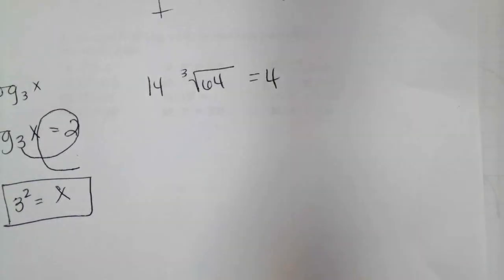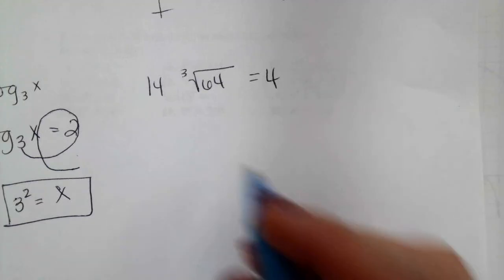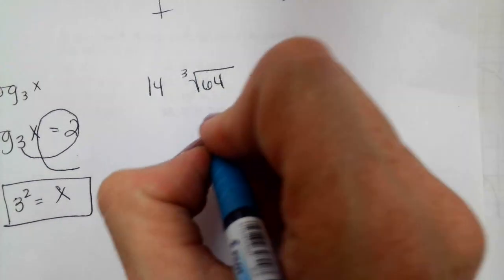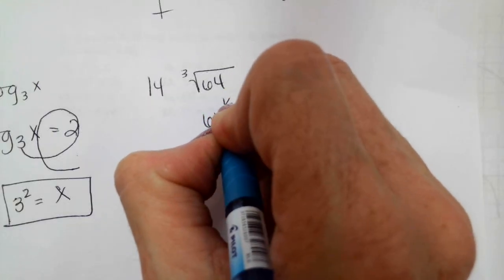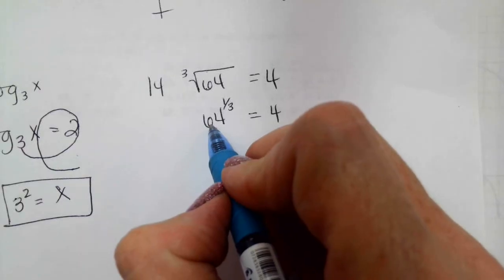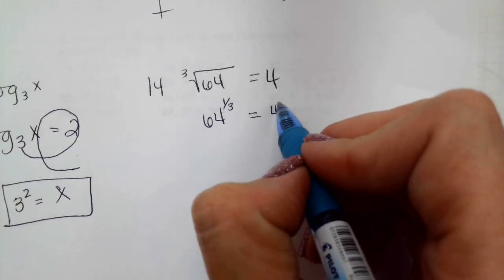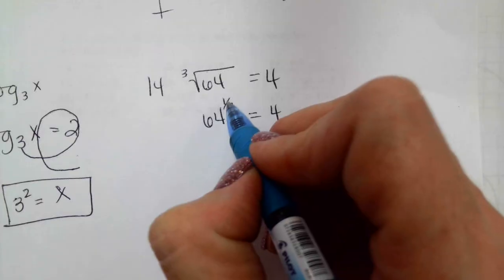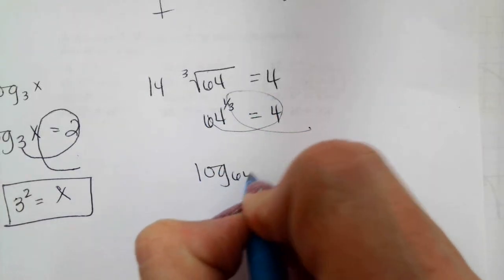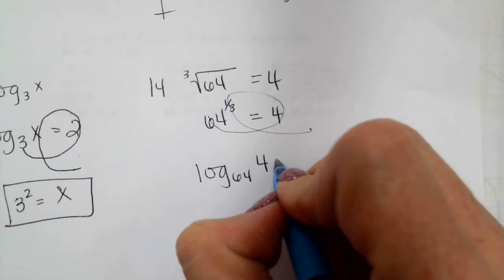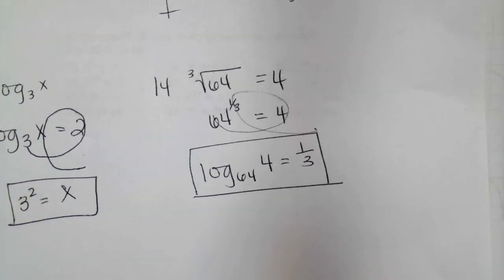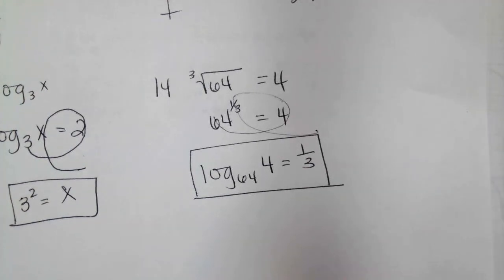You can put that into the calculator and it's going to be perfectly fine. But I need to write this as a base raised to a power, so that's going to be 64 raised to the 1/3 equals 4. Now this is my base, my value it's equal to, and then that's the exponent. So we've got log base 64 of 4 equals 1/3. And that would be the answer because you're just writing it in logarithmic form.